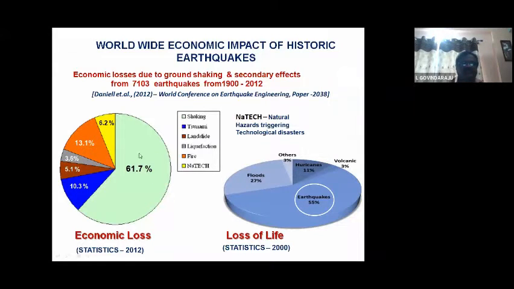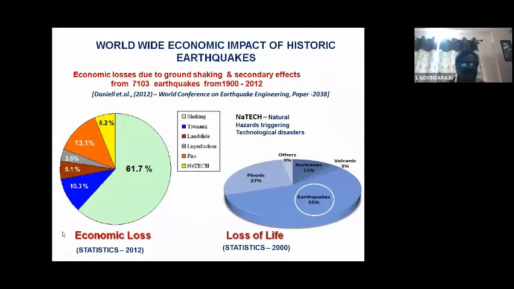So for fire, the economic loss is 13.1%, and NATECH, which means natural hazards triggering technological disasters, is around 6.2% here. This statistics speaks only up to 2012. Now we are already in 2022.